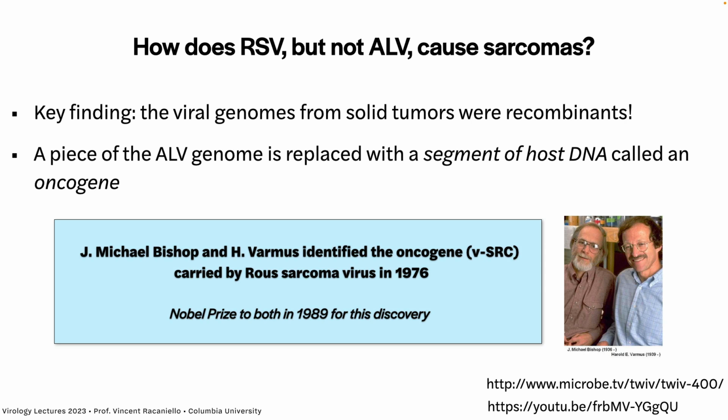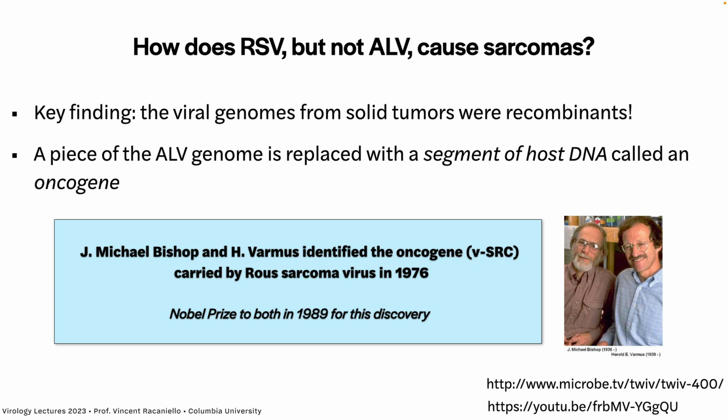Harold Varmus, he's here at Sloan Kettering, still working on cancers. He's working on sarcomas in humans, actually, and he was the head of NIH for 10 years before that. I've had them both on my podcast separately, so those are the links to that. Very interesting individuals.